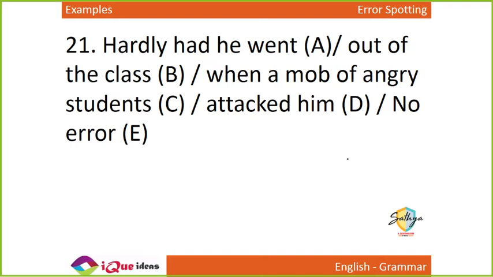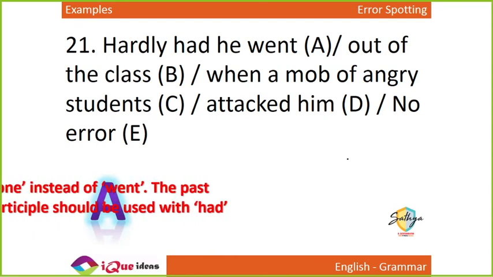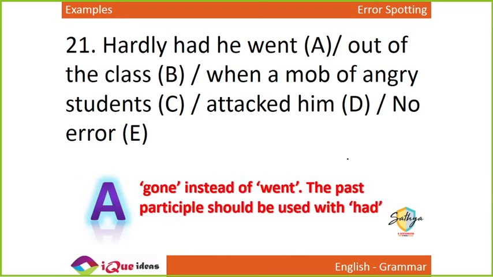When we use the past participle form, it should be simple, right? Hardly had he gone out of the class when a mob of angry students attacked him. You don't use the went past form. Had के साथ present form आएगा. जैसे did के साथ भी I've already said. Did went नहीं आएगा. Did go. So had went नहीं आएगा. Had gone.